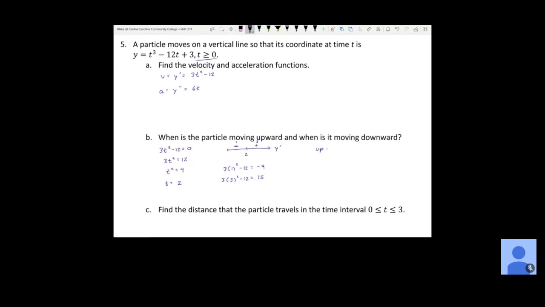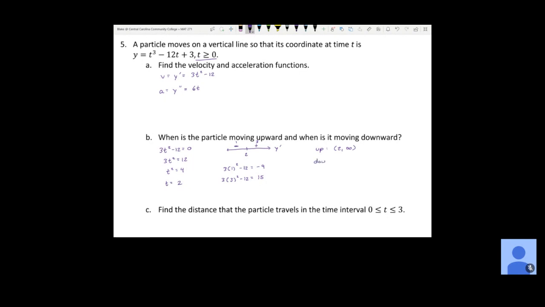Everywhere that x is greater than 2, right? So if you wanted to write it, you'd say x is greater than 2. Or if we want to use interval notation, what would that look like? 2 to infinity. Good. That's where the particle is moving upward.